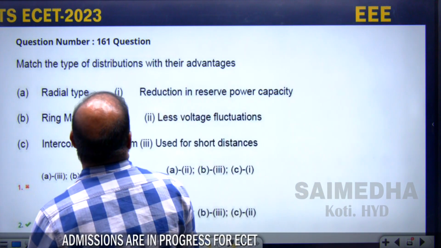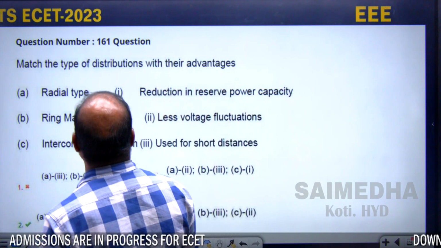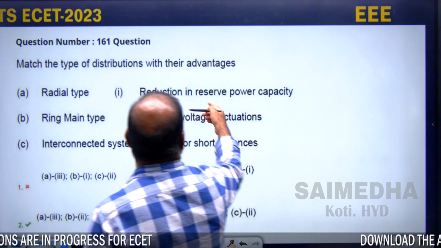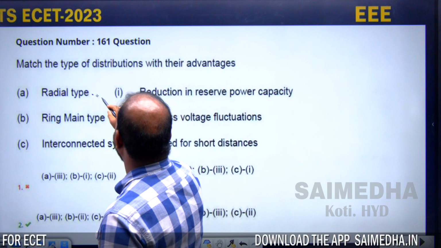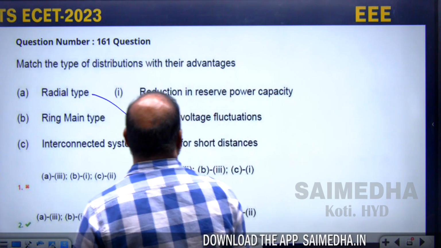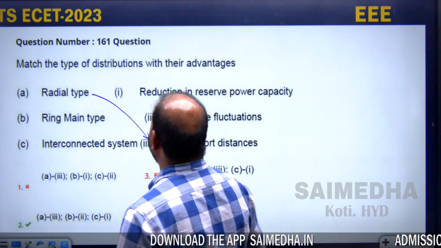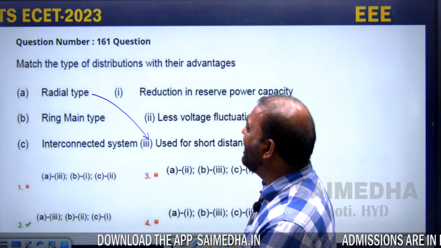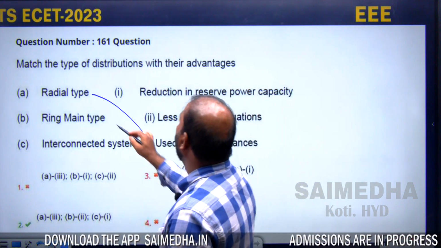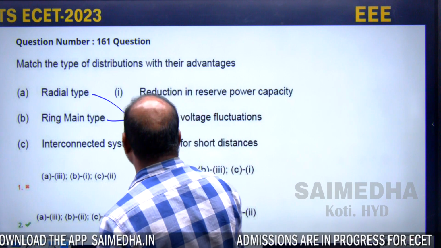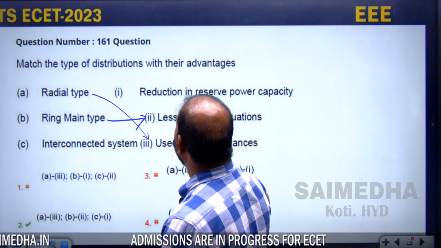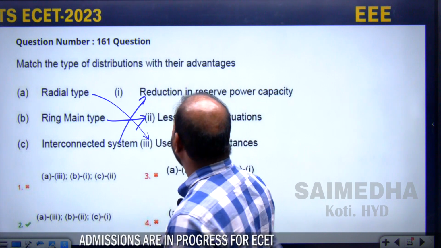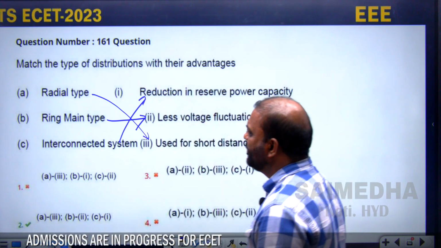Match the type of distributors with their advantage. Radial type is used for short distances. Ring main, when compared with the radial type, has less voltage fluctuation. But when you go for the interconnected system, it reduces reserve power capacity.